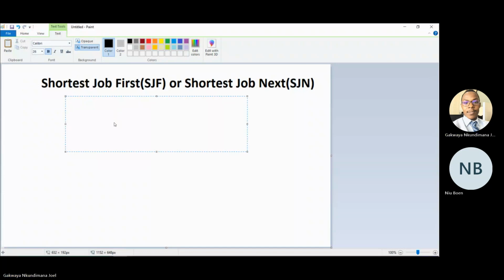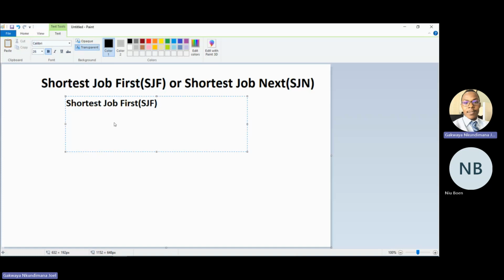So we say shortest job first, or SJF, or sometimes we call it shortest job next.